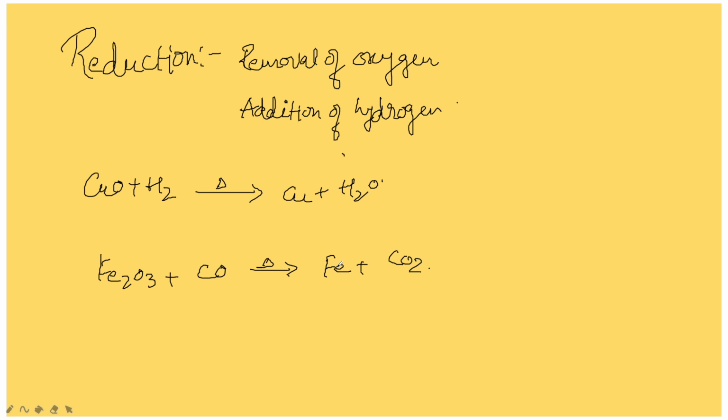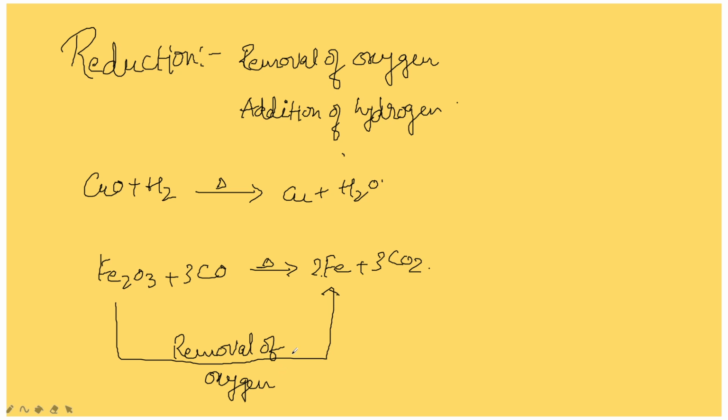It is not balanced, 2 Fe, 3 here also. Then only oxygen will be balanced, right? So what happened here? Reduction, removal of oxygen from Fe2O3.